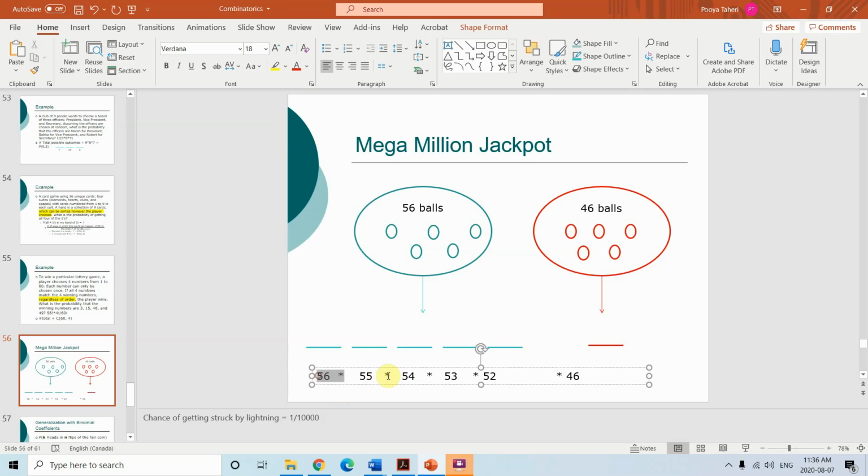So these are the total number of possible outcomes.